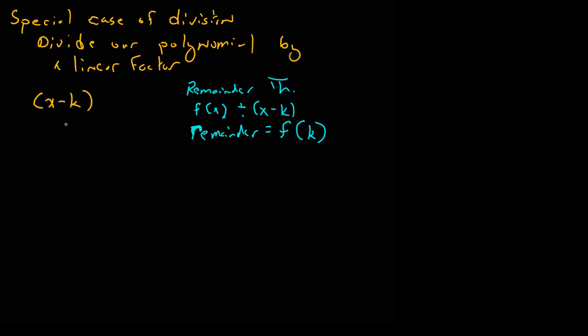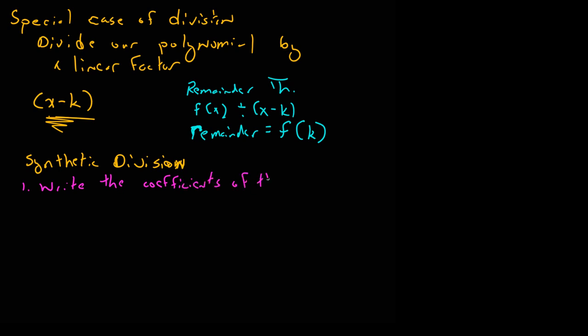And we have a special way of dividing that's called synthetic division. But it only works if our divisor is a linear term. And so what we do to do synthetic division is we write the coefficients of the polynomial only for each term.